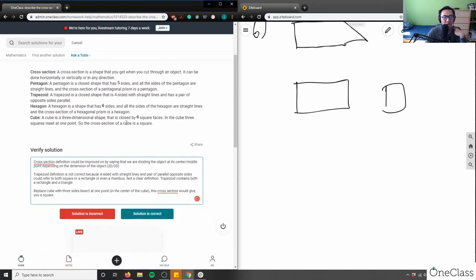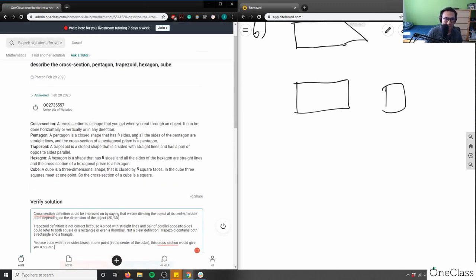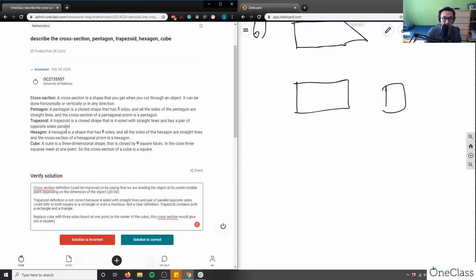So I'm going to write that, and I'm going to say that this solution is half correct, but I'm going to lean towards the bad side here and say the solution is incorrect. The trapezoid definition is definitely not correct here. So I'm going to say the solution is incorrect.